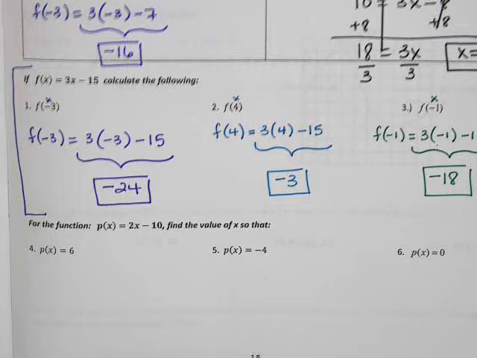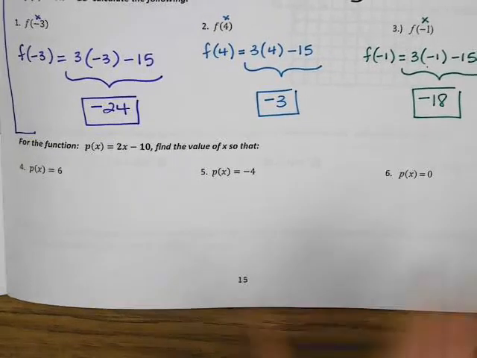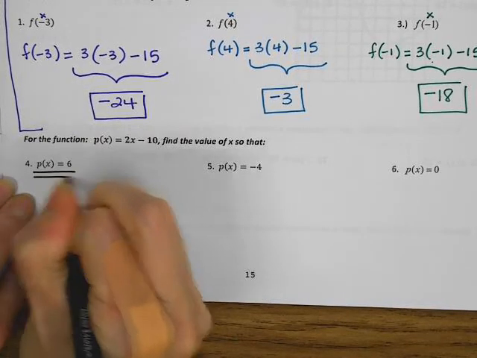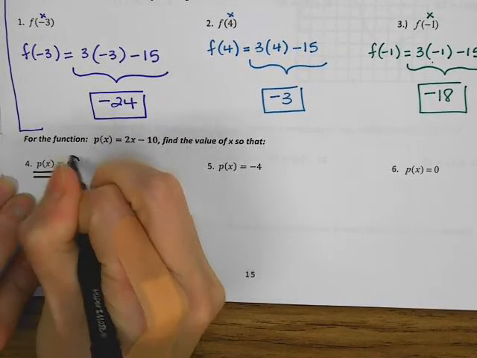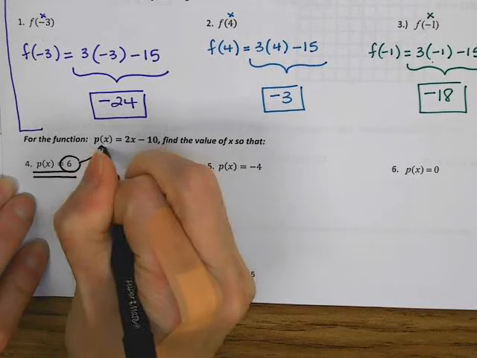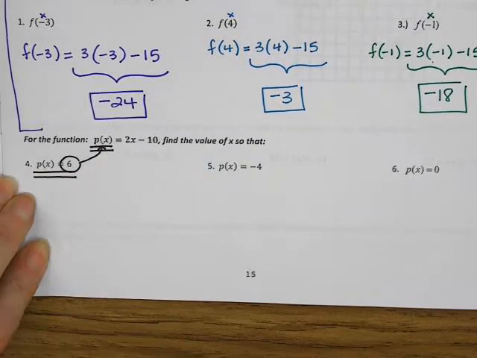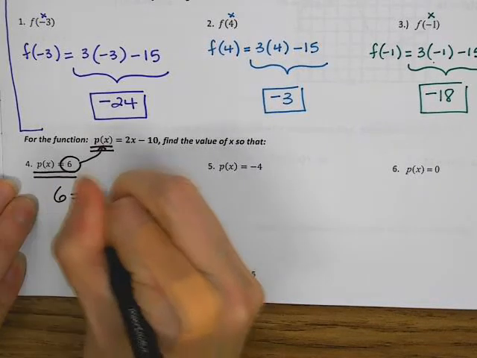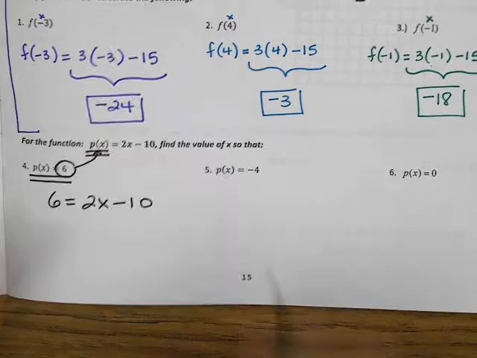Okay, so let's have you guys try a couple of those. So for 4, 5, and 6 down here, they're saying the function value is 6. So you plug the 6 in here, and you need to solve for x. All right, so this one's going to be 6 equals 2x minus 10.